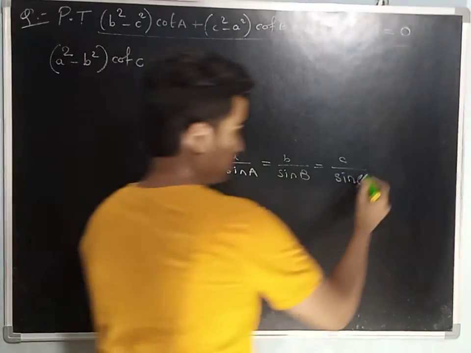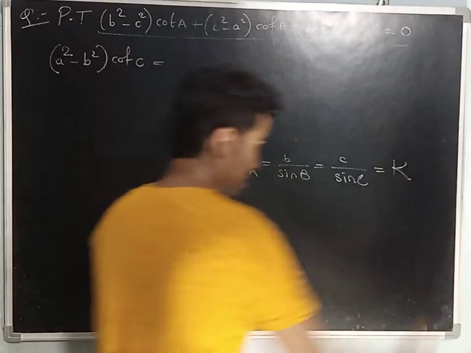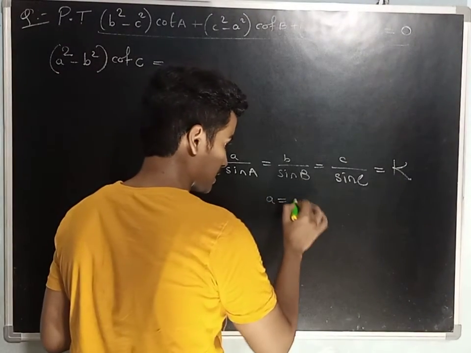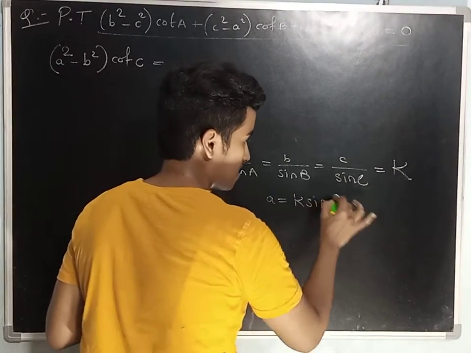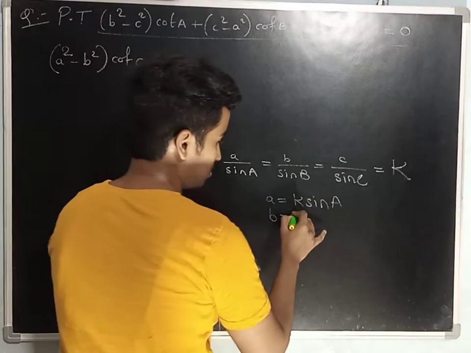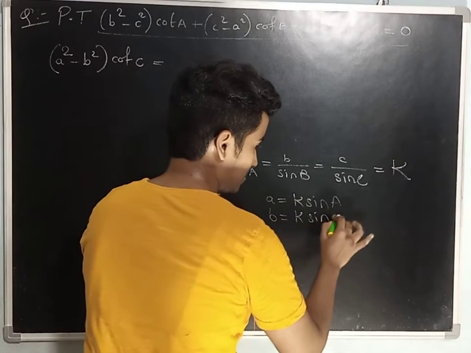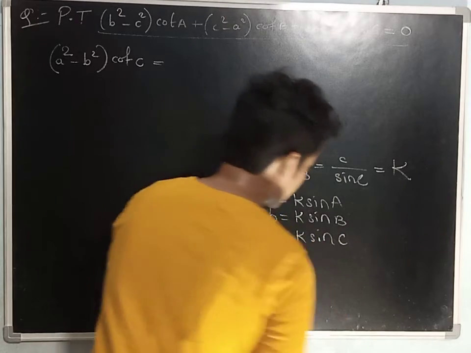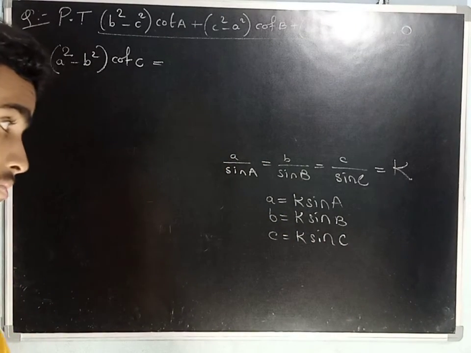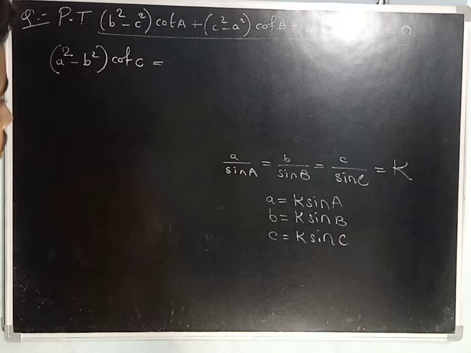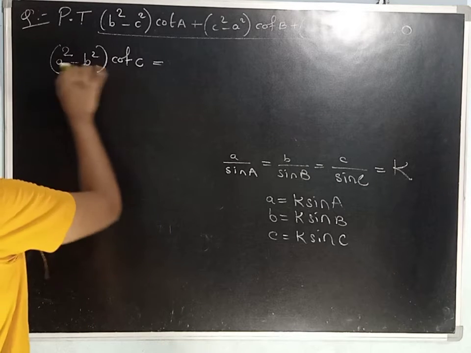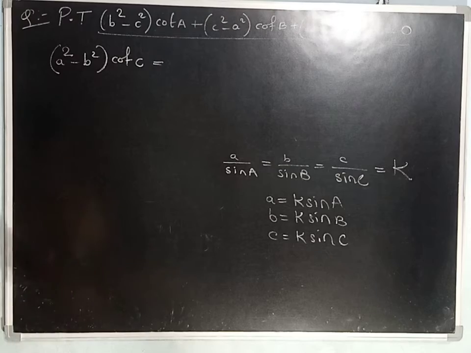Let me put a constant quantity k here, so that we are going to get three values: a is equal to k sin A, b is equal to k sin B, c is equal to k sin C.